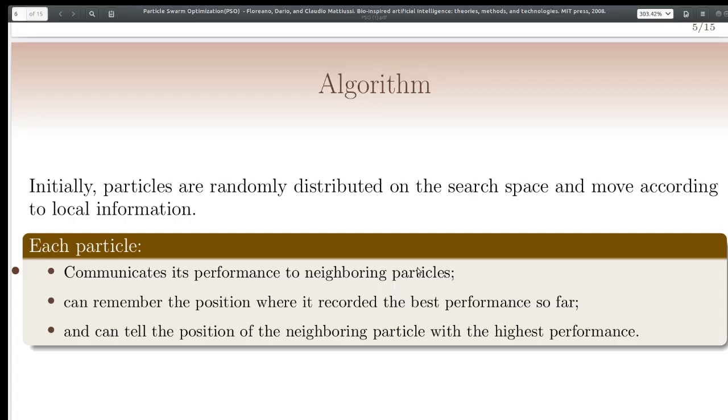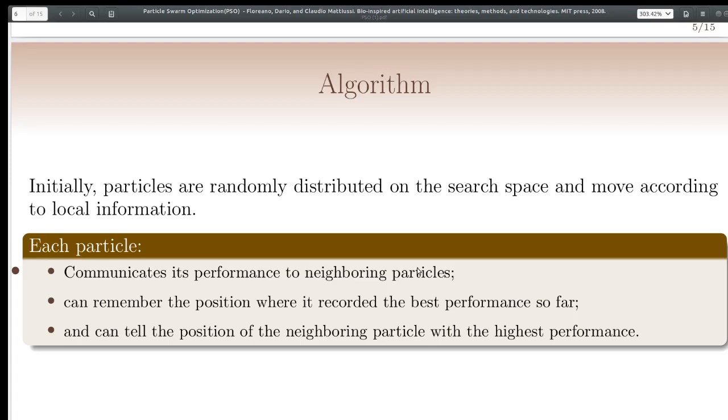From this slide onwards, we can see the algorithmic steps involved in the particle swarm optimization algorithm. Initially, all the agents or particles are randomly distributed on the search space, and they move according to the local information available.